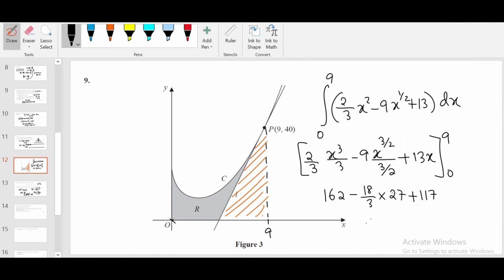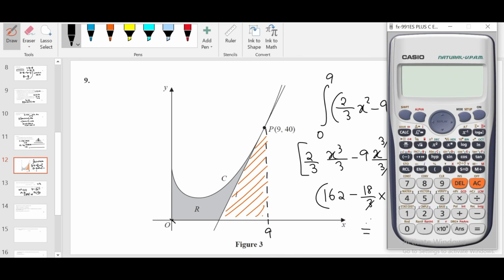The lower limit is 0. So this becomes 9 threes are 27. So it's going to be 117 plus 162 minus 18 times 9. We'll get the total area is 170.